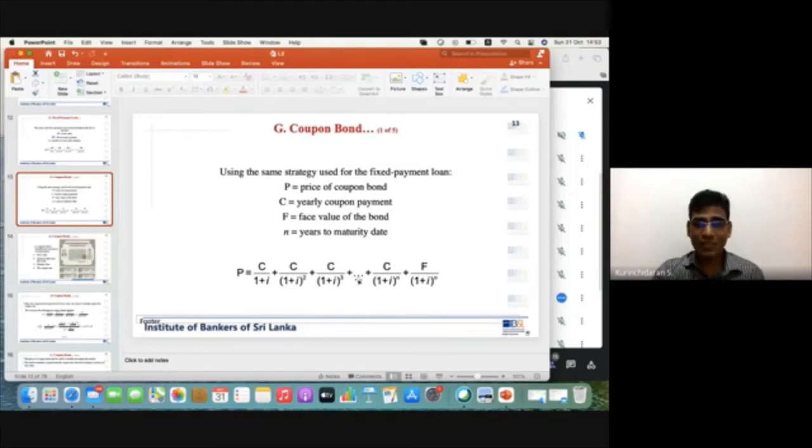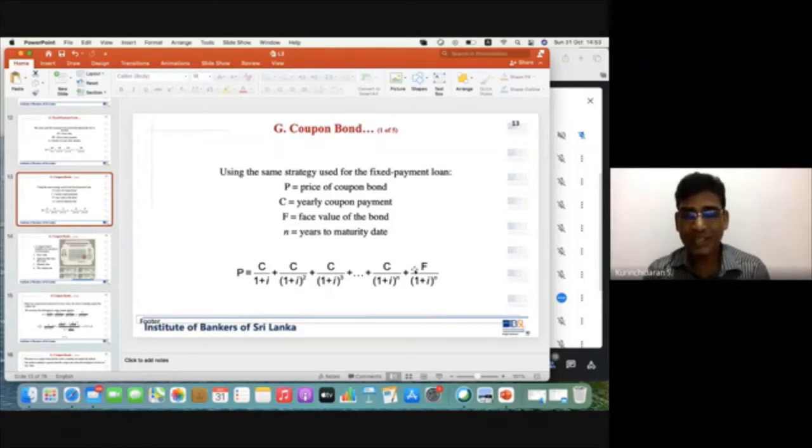At the end of maturity, not only do you get the coupon, you also get the face value. You invested in a 100 rupee bond, so the face value is 100 rupees, and that is also returned to you. So there are two cash flows: one is the coupon, the other is your face value.